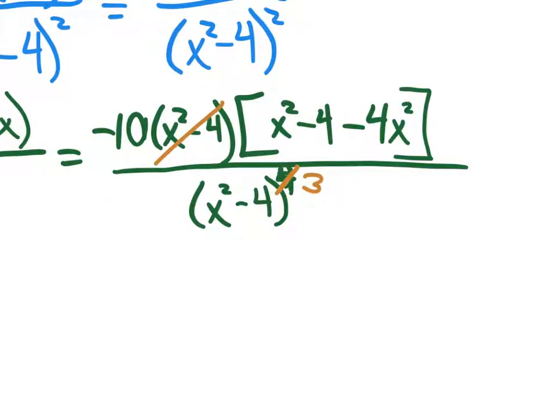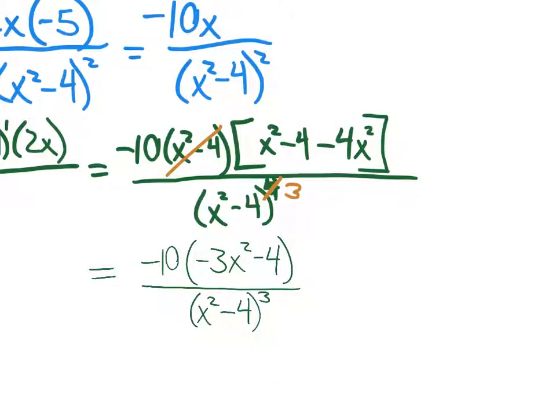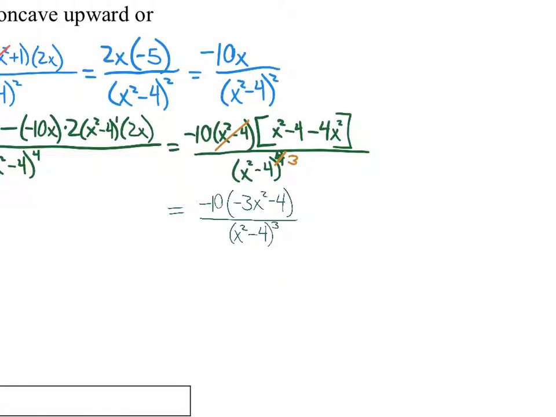I could cancel that out, and I get negative 10 times (negative 3x squared minus 4) all over (x squared minus 4) cubed. Now, in this case, we weren't necessarily asked to simplify, but simplifying makes our ultimate goal a whole lot easier.